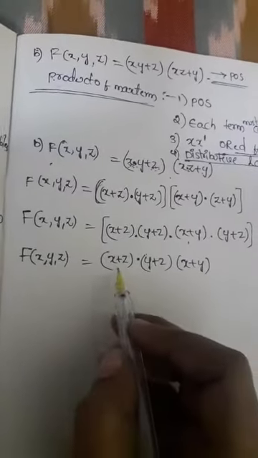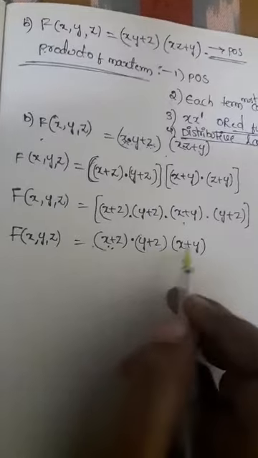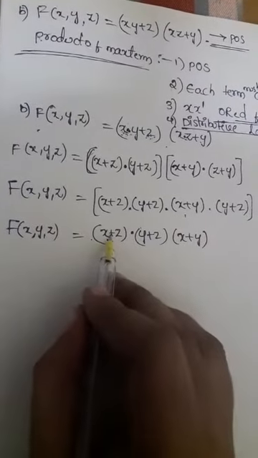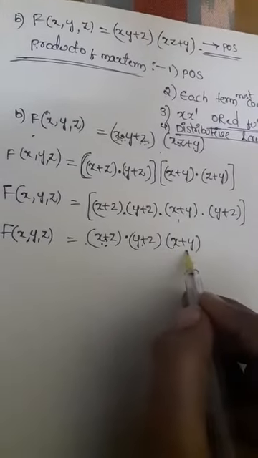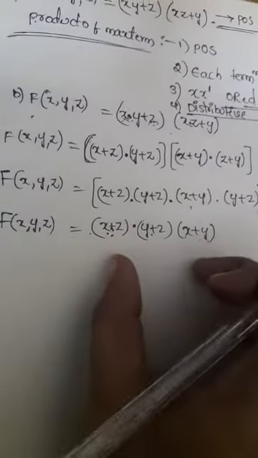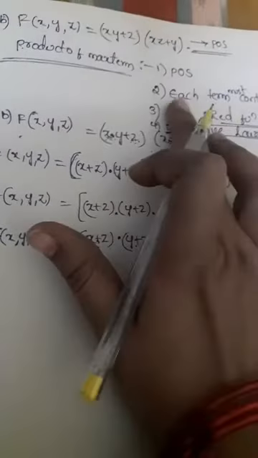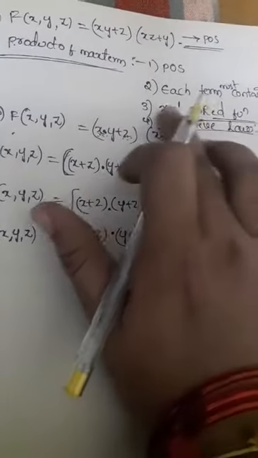So check here whether any variable is missing. Here in x + z, y is missing, in y + z, x is missing, and in x + y, z is missing, right? So we have to simplify this using the rule x into x complement. If any variable is missing, we have to apply this rule.